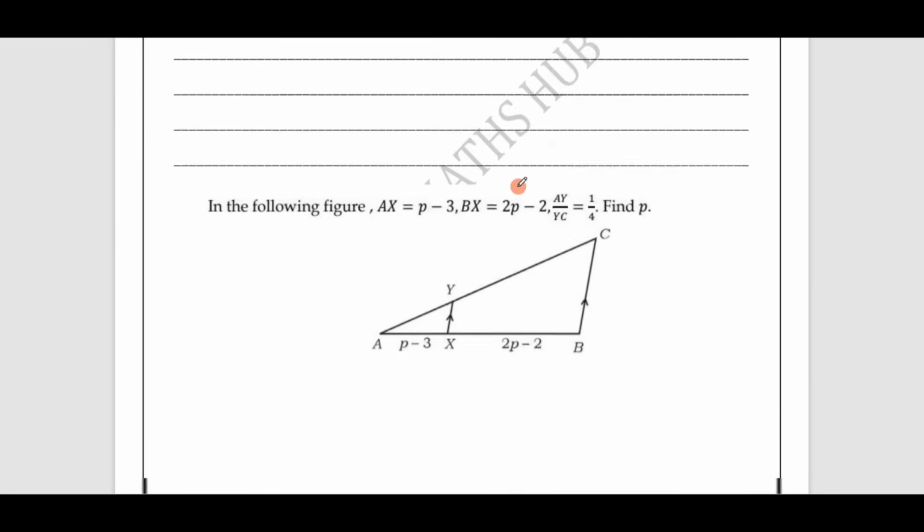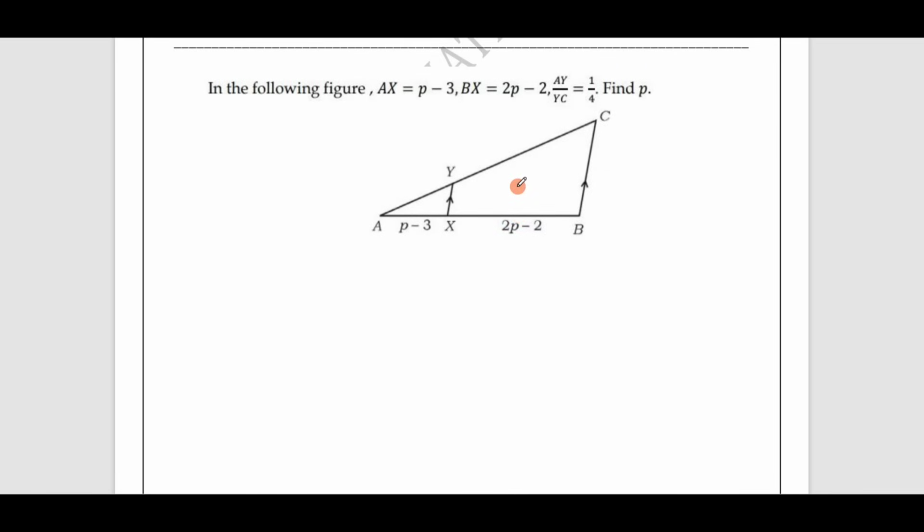There is one question here. AX equals p minus 3, BX equals 2p minus 2, AY by YC is 1 by 4. Find p. Again using Thales theorem, AX by BX equals AY by CY. Why am I using this proportion?